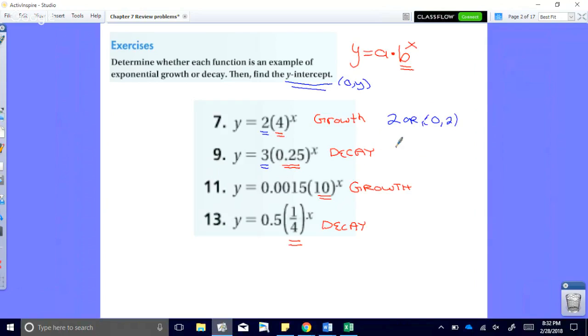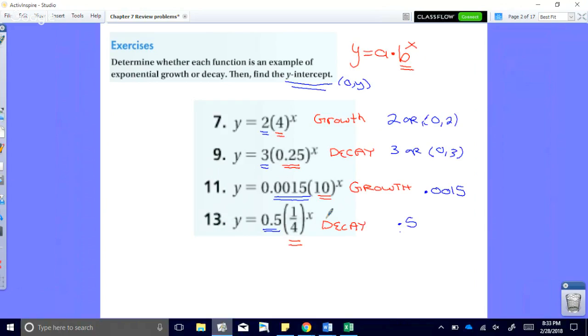The next one, number 9, is 3, or as an ordered pair, 0, 3. The next one, even though it's a small number, would be 0.0015. And lastly, the number in front is 0.5, so we would use 0.5.